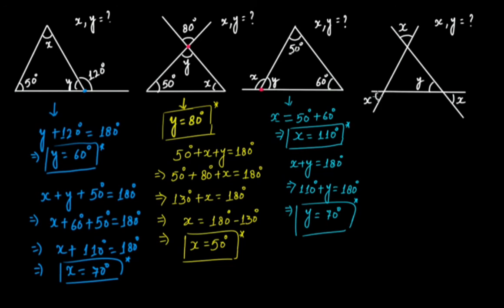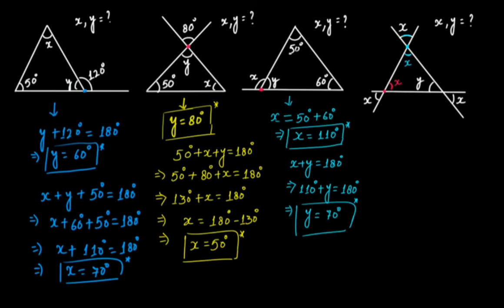If this is X and if you look around this vertex, this straight line and this straight line, this is X, therefore this angle and this angle will be vertically opposite angles, and vertically opposite angles are always equal, therefore this will also be X. Now focus on around this vertex, this straight line, this straight line, this angle and this angle are vertically opposite angles, and vertically opposite angles are equal, therefore this is also X.